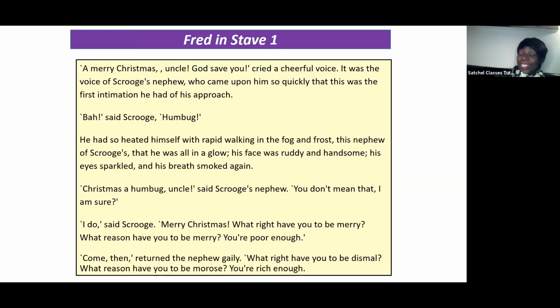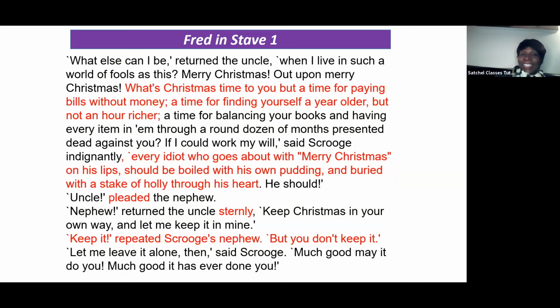"What right have you to be dismal? What reason have you to be morose? You're rich enough." "What else can I be," returned the uncle, "when I live in such a world of fools as this? Merry Christmas! Out upon Merry Christmas! What's Christmas to you but a time of paying bills without money, a time of finding yourself a year older but not an hour richer, a time for balancing your books and having every item of them through a round of months presented dead against you?